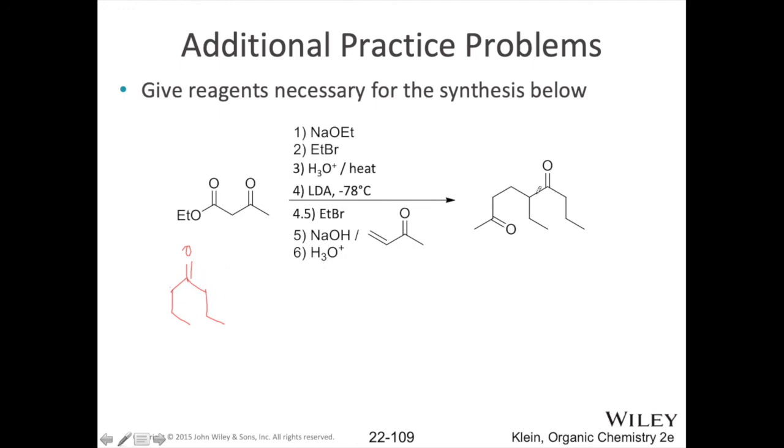Either way, we'll get this product. That alpha carbon is going to be our Michael donor. So what does our Michael acceptor look like? Well, we need a double bond over here, right? So we break this bond to see what the original molecule looked like, and we put a double bond here, and this is the alpha beta unsaturated ketone that we're going to use as our Michael acceptor. So this carbon connects over here, and eventually yields this final product.